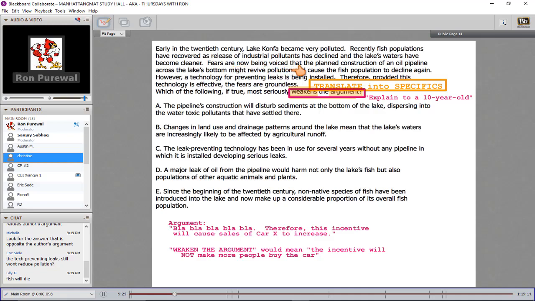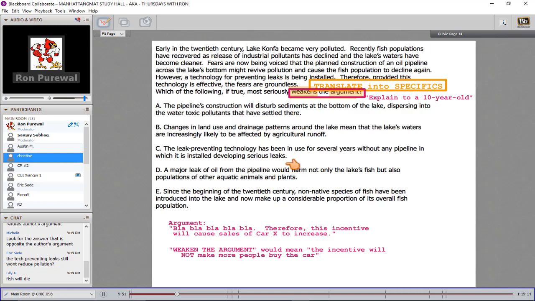You should put yourself on a side of this argument. You should imagine that you are invested in this in some sort of personal way. So they're saying that this will be fine, to lay a pipeline across the bottom of the lake. So you are taking the side of the environmentalists with this one.